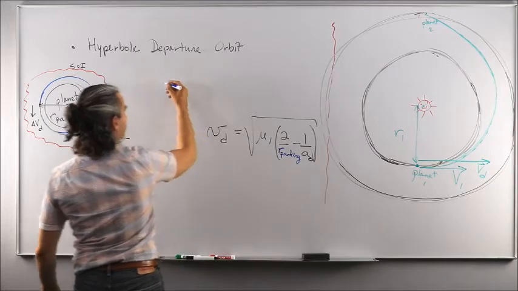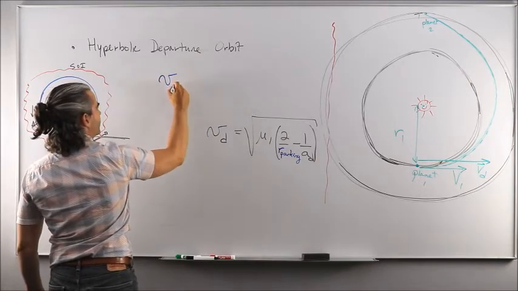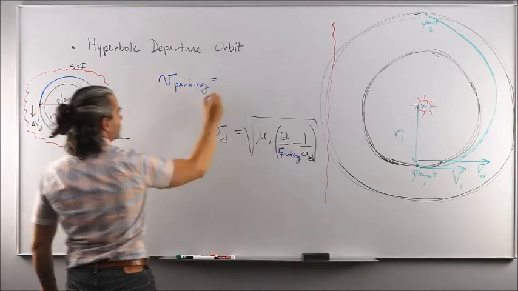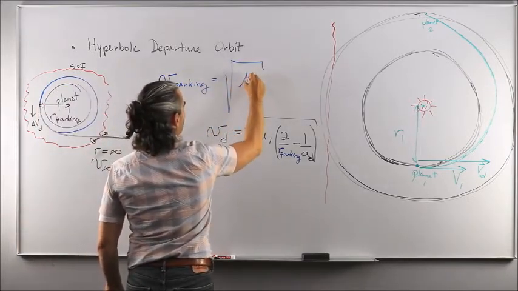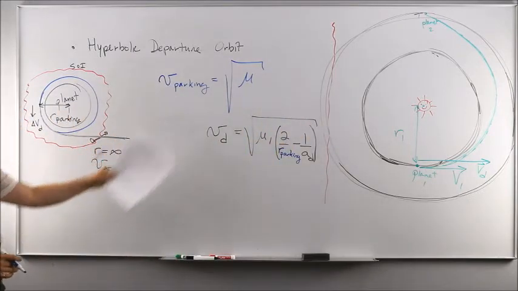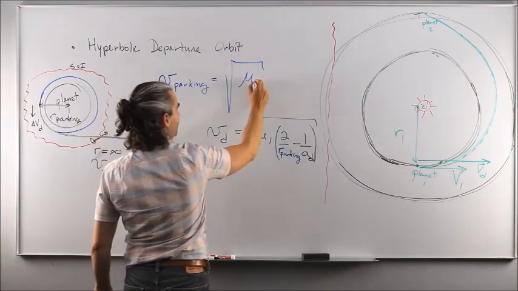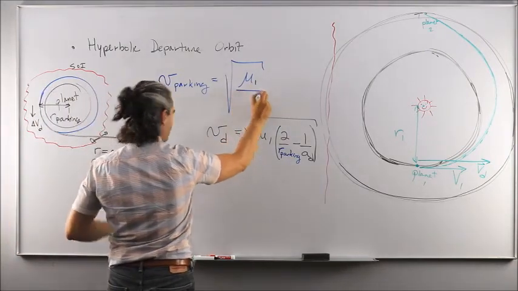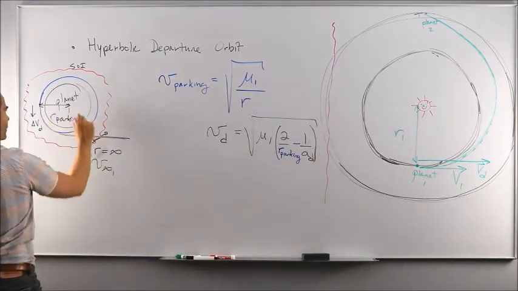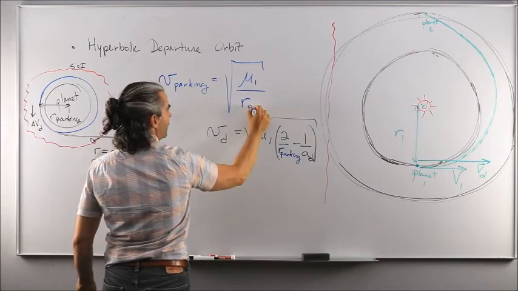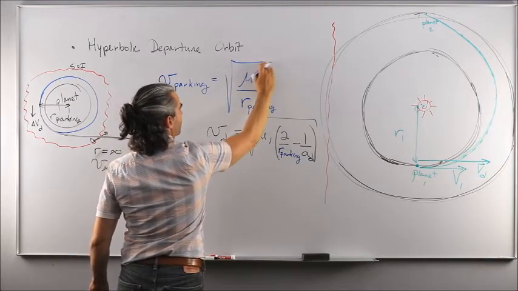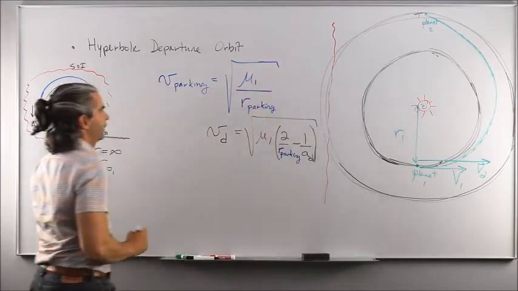So that would be the speed V along any point of the parking orbit, which happens to be a circle, the square root of mu of the sun or mu of the planet, while the parking orbit is around the planet. So you better use the planet's gravitational parameter mu1 over r, and r is r parking. So the distance between the planet and the LEO circular parking orbit, like that.